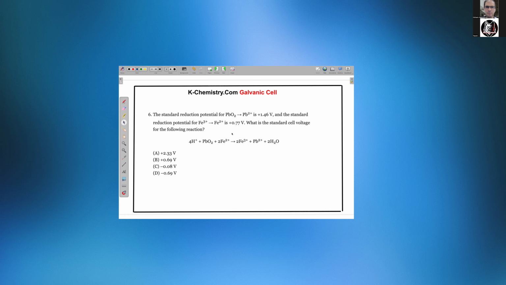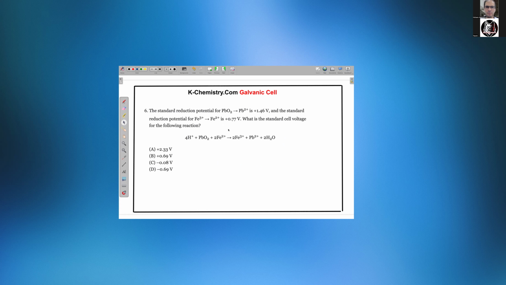So the standard reaction potential for lead oxide is 1.46 and the standard reaction potential for Fe3 plus is 0.77. What is the standard cell voltage for the following reaction? No, let me know how did you answer this one.